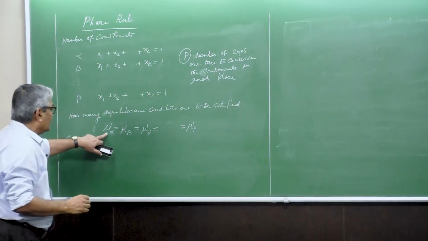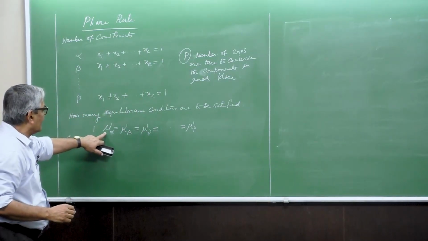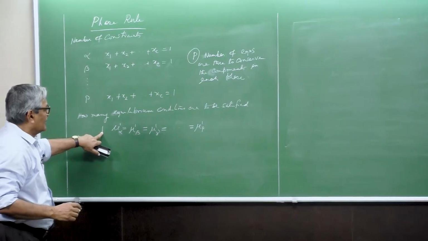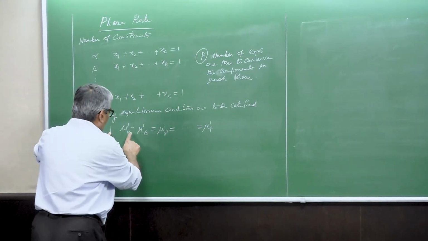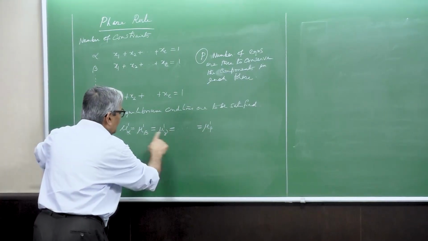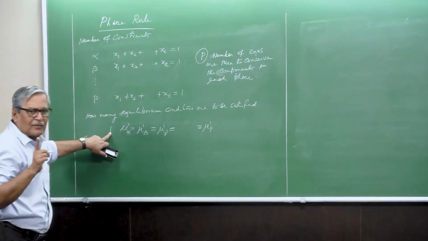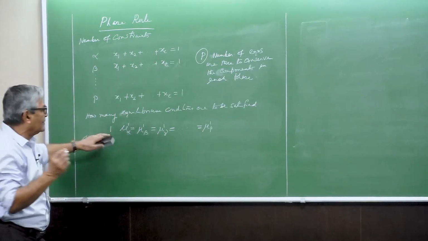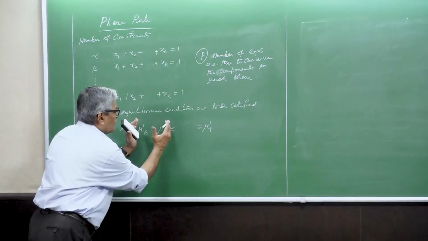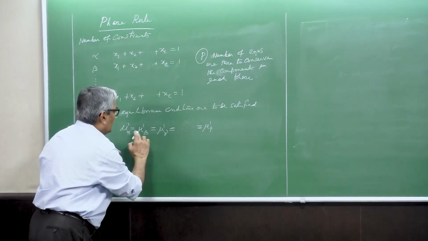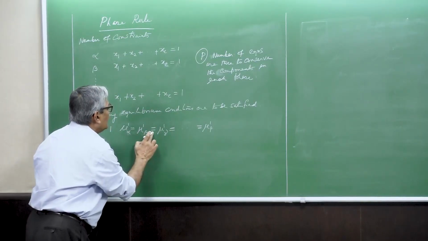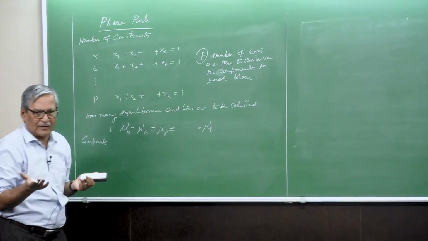So how many such equilibrium conditions are there for one component? We have 1, 2, 3, so they are in between. So it is P minus 1 number of equilibrium conditions. This constitutes 1, this constitutes 1. So in between I have the equal signs, that is P minus 1.